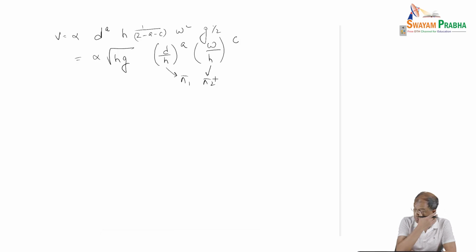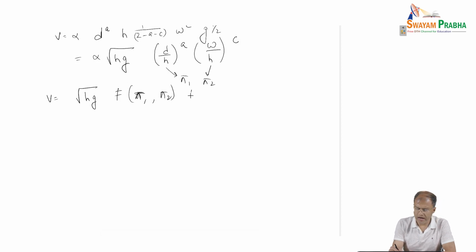So we see that v is square root of hg times f of pi 1 and pi 2. This is the most general functional form of pi 1 and pi 2. The idea is similar to case study 2, where f is an arbitrary function.